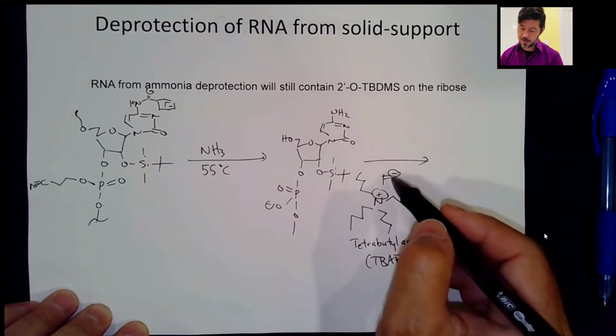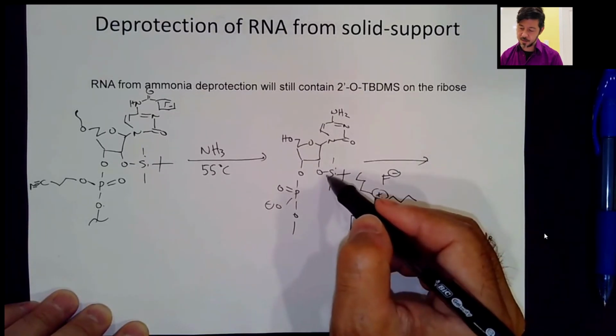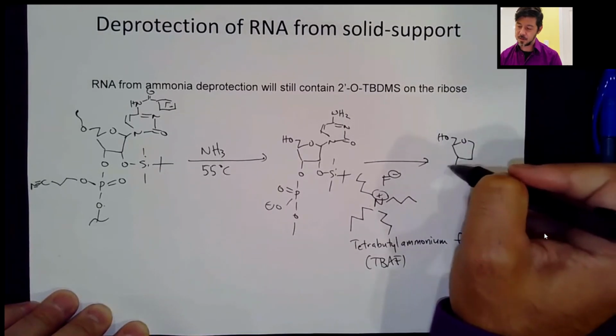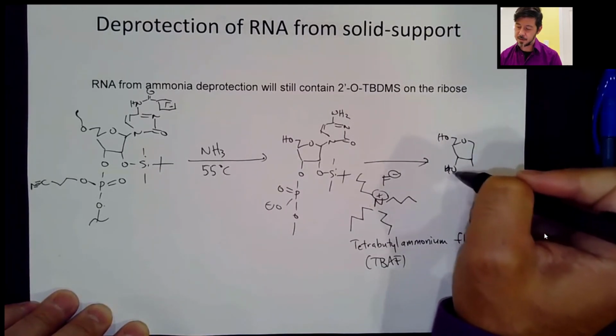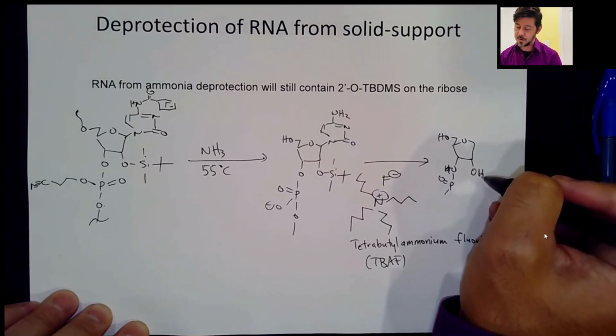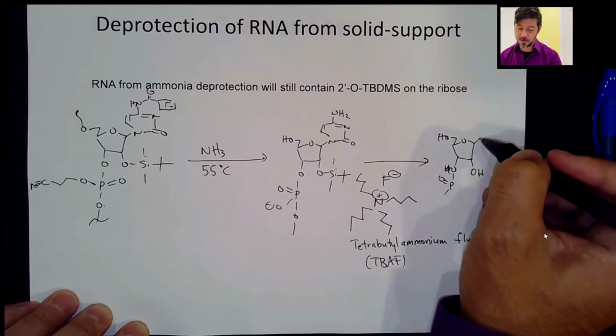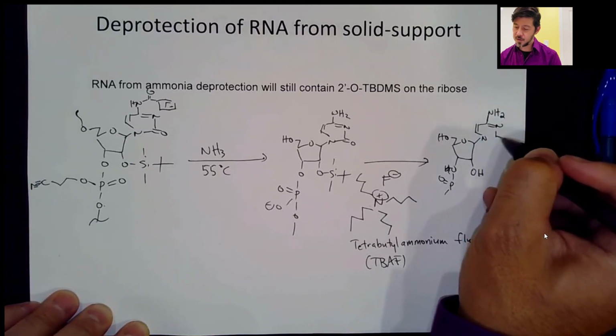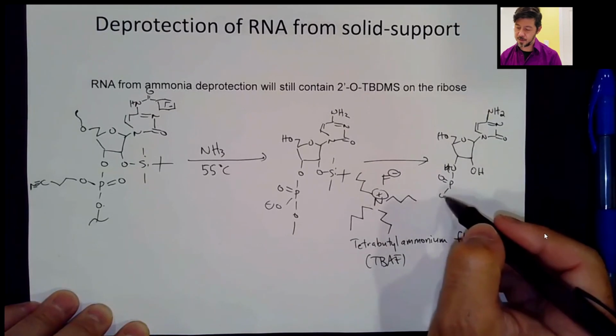And what will happen is that this F- will deprotect the silicon, and you will get removal of that 2' protecting group, to now have a 2' hydroxyl group. Okay, so it's really just one additional step after the deprotection.